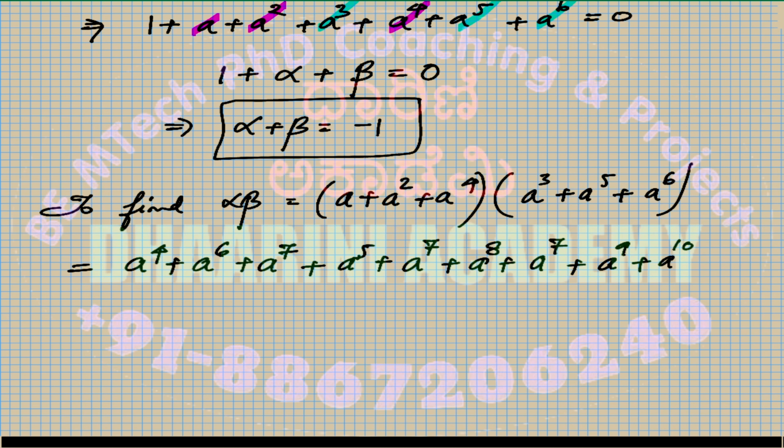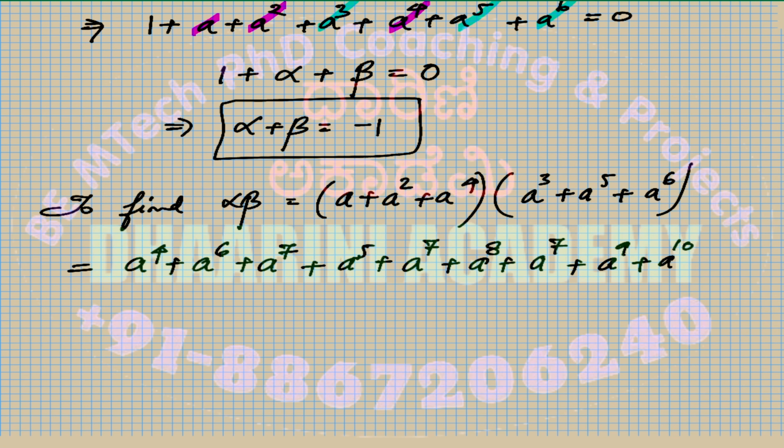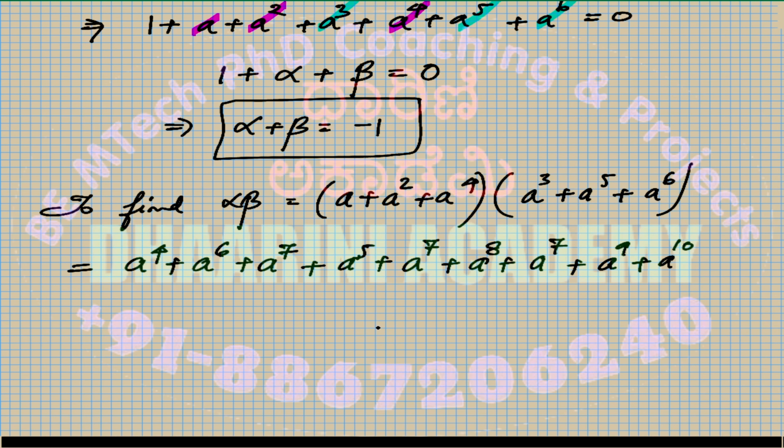Okay, and I know that a to the 7 is directly equal to 1, because a is the 7th root of unity. Raise it 7 times so that you get the answer as 1. So I am going to replace it in this fashion.